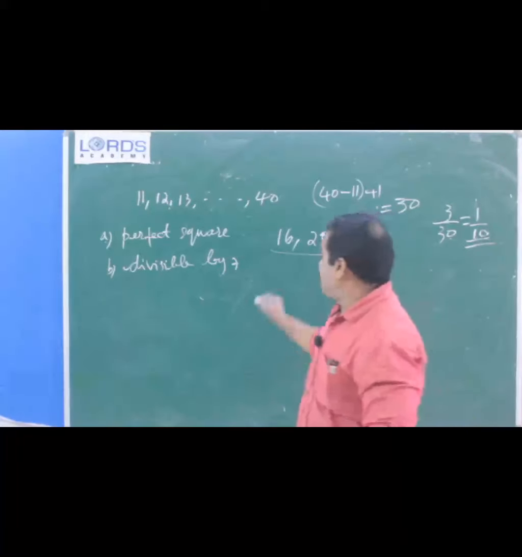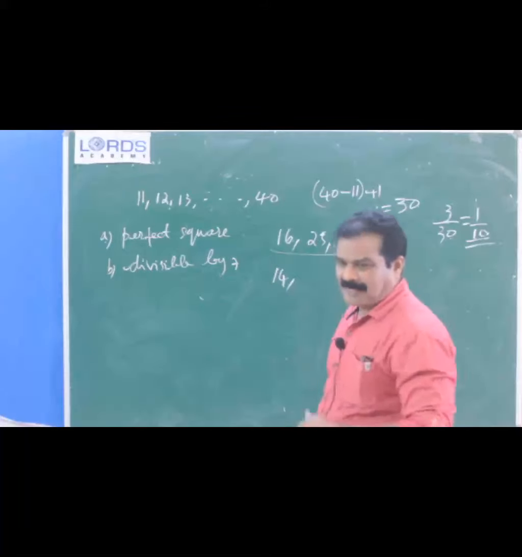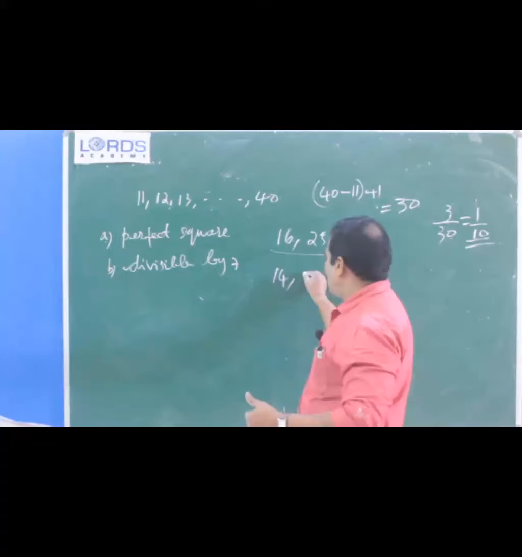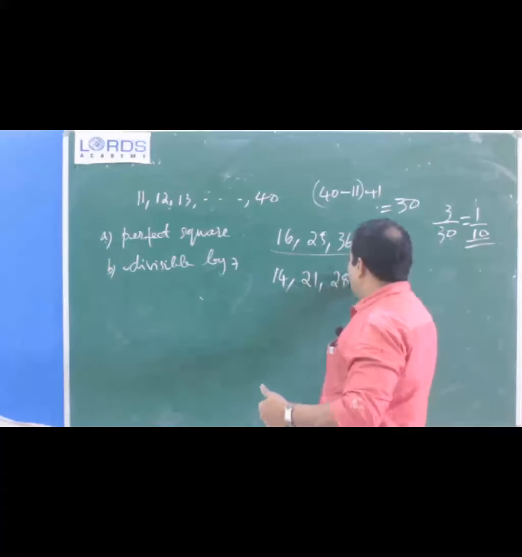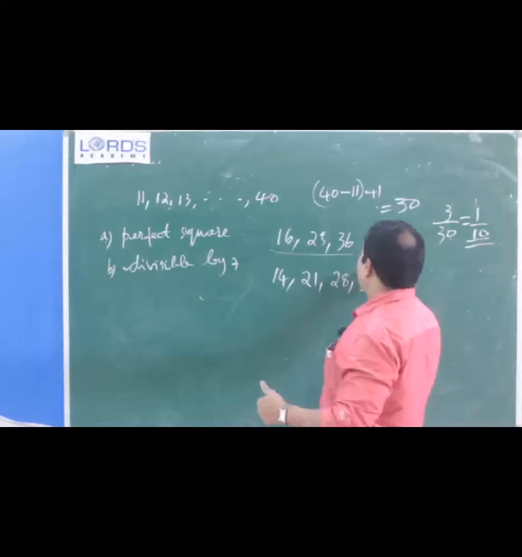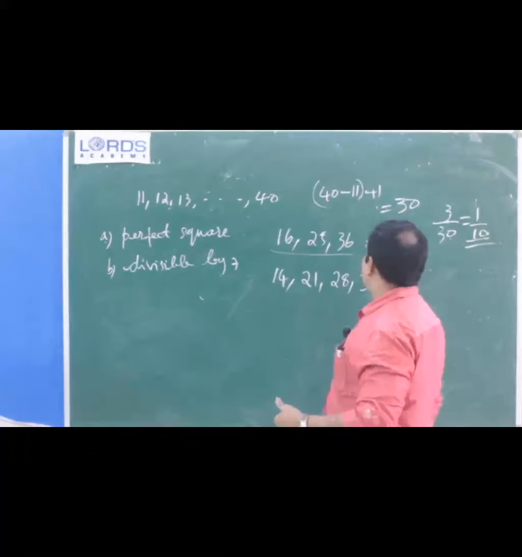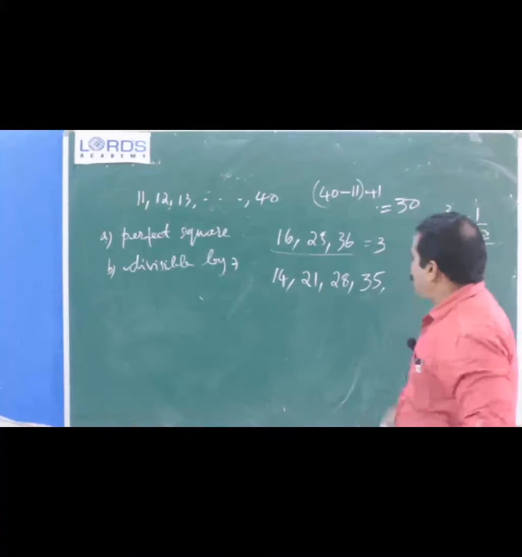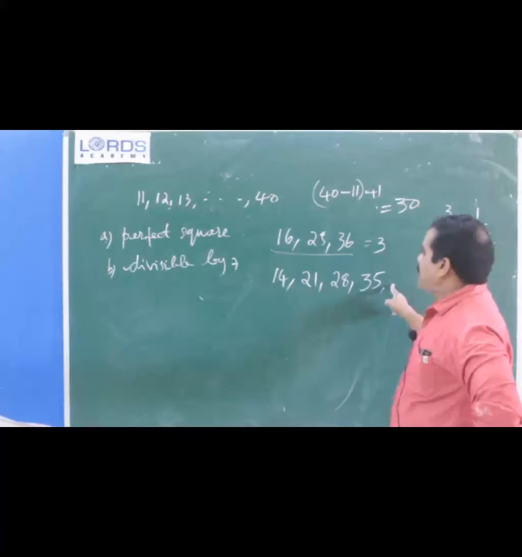Multiples of 7: 7, 14, 21, 28, 7 into 5, 35. The next multiple would be 7 into 6, 42.